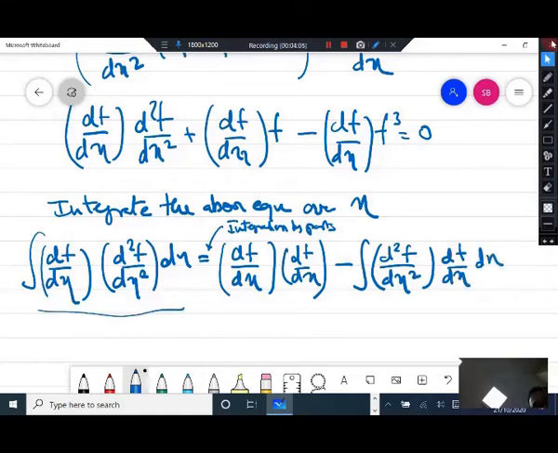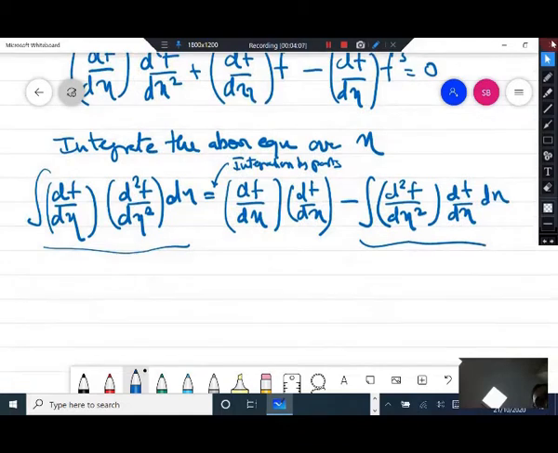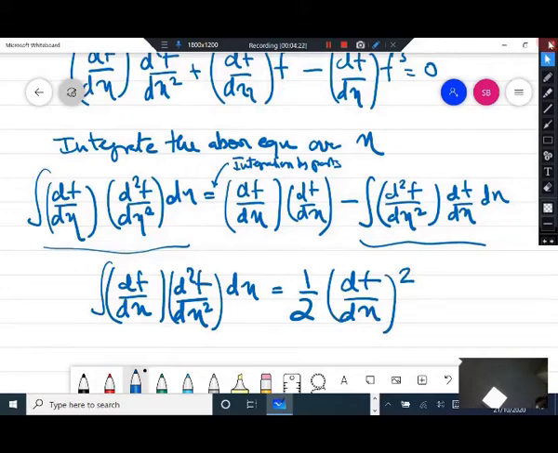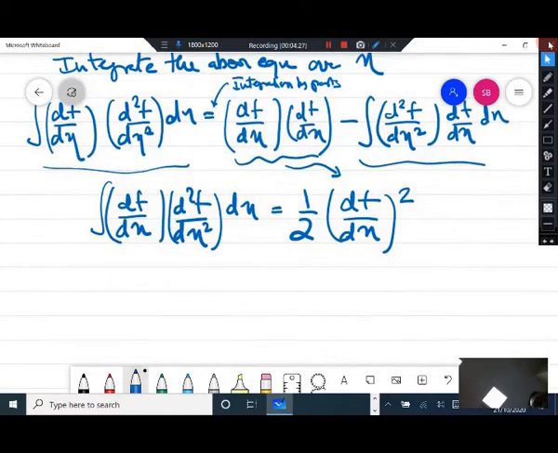Now these two expressions are exactly identical, so you take them to the other side. So the integral of df by d eta d square f by d eta square d eta will be half of df by d eta the whole square. Similarly you can do for the others.